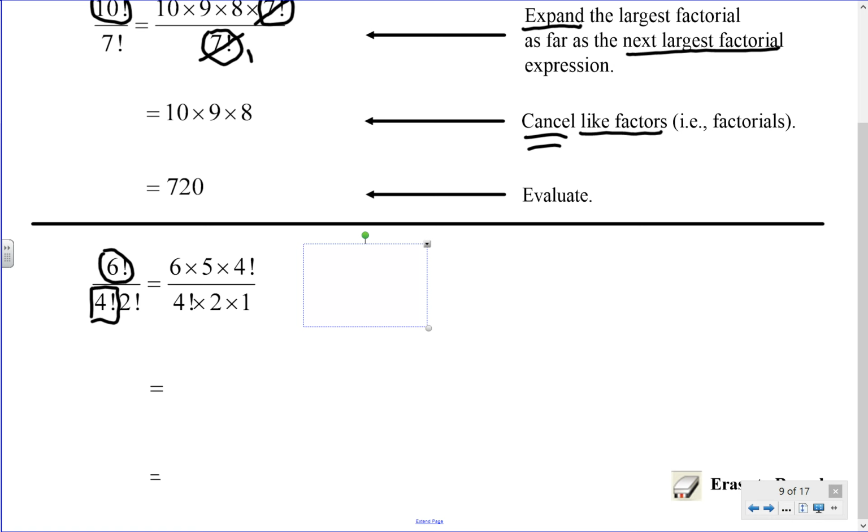That creates a great scenario because we now have like factorials in the top and the bottom of this fraction. So that means those will cancel, meaning that it reduces to 1 over 1. So simplifying 6 by 5 over 2 gives us a final value of 15. So there are a few examples of how to work with simplifying expressions that involve factorials.